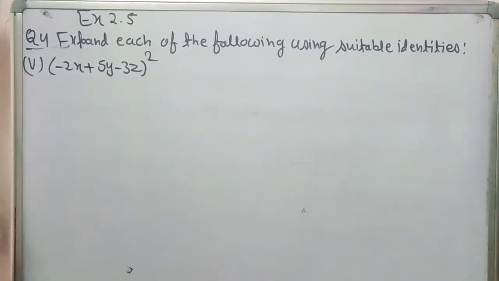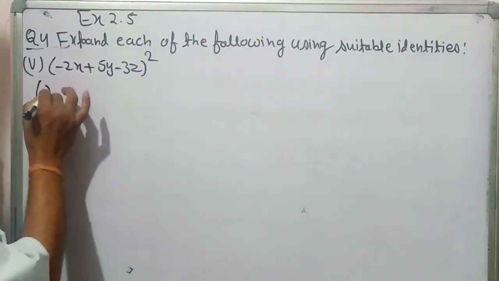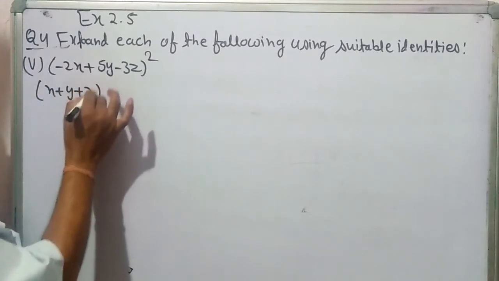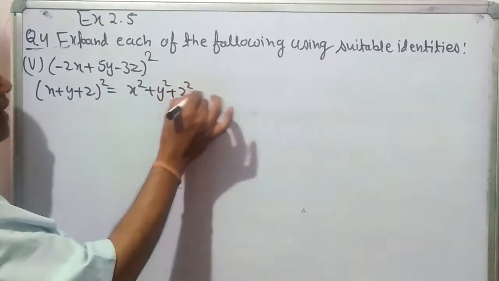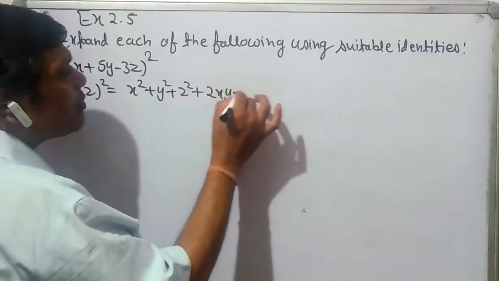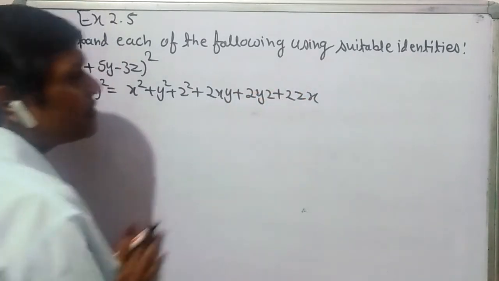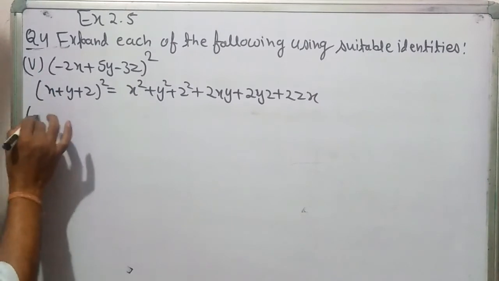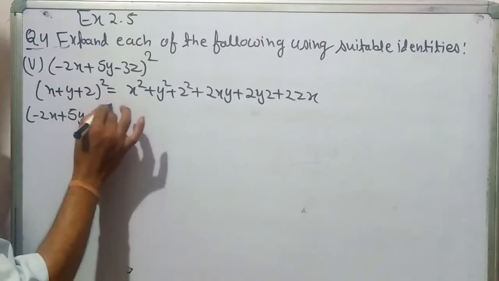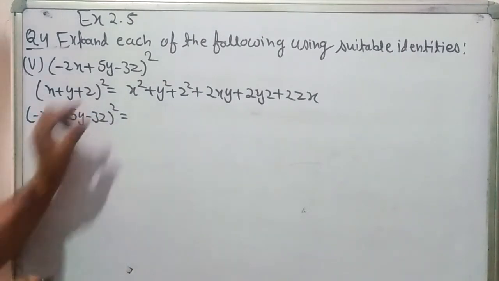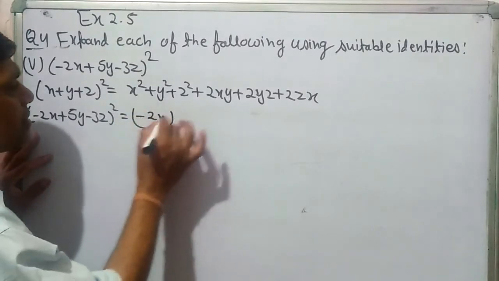In the fifth part, what we have is (minus twice x plus 5y minus 3z) whole square. Again, we have only to take care of the signs. Rest, the same identity is going to be applied. X square plus y square plus z square plus twice xy plus twice yz plus twice zx. Put the proper values, (minus twice x plus 5y minus thrice z) whole square. What we have to take is x square, first value, (minus twice x) square.